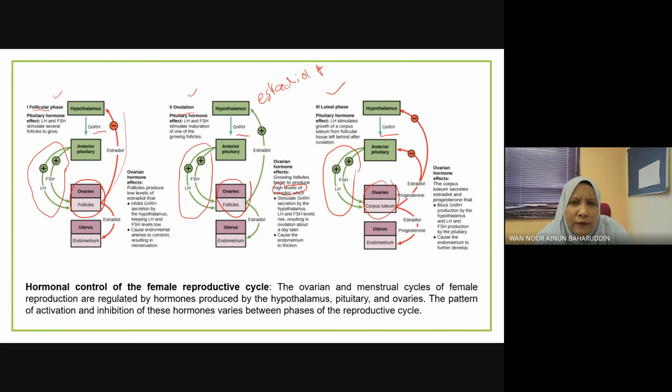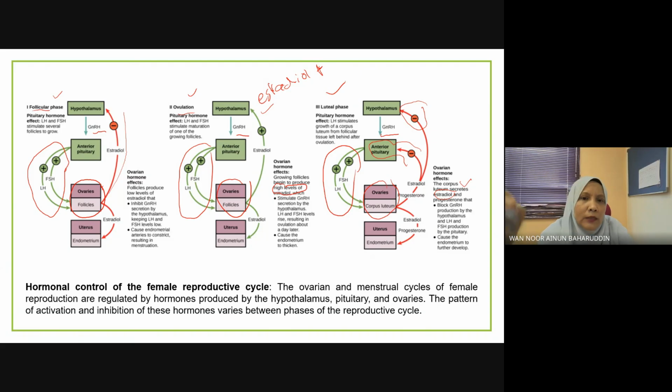Okay, for the luteal phase, the one secreting estradiol is the corpus luteum. It will also have double effects: first on the anterior pituitary, second on the hypothalamus. Compared to ovulation, estradiol acts only on the hypothalamus itself.